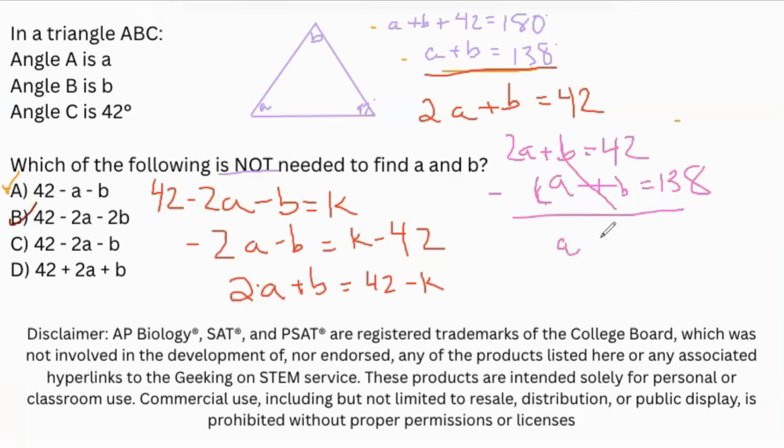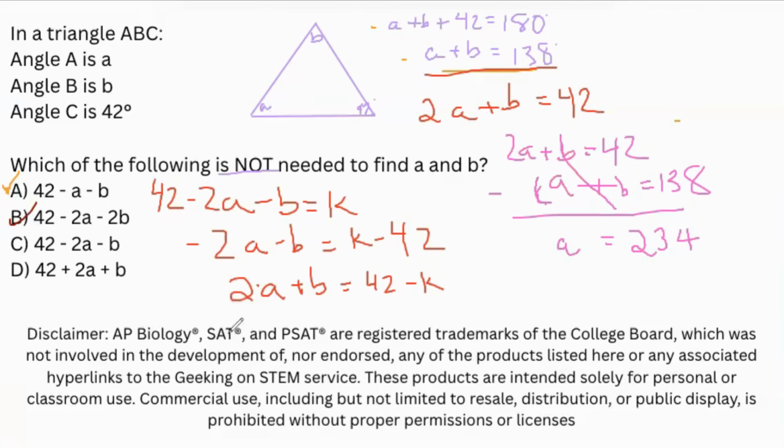You have a equals 42 subtracted from 138, which is going to give you 234, if you solve that way for a.